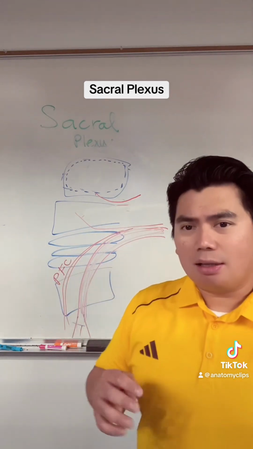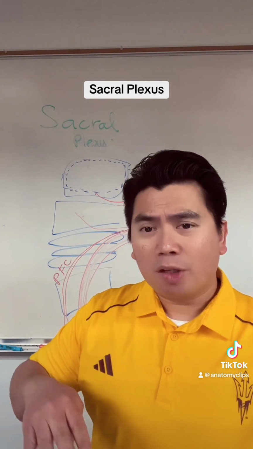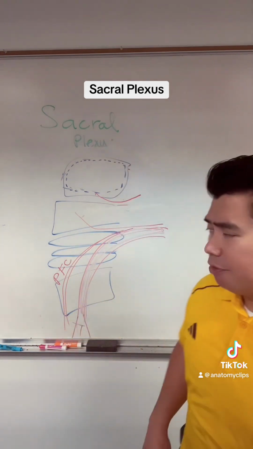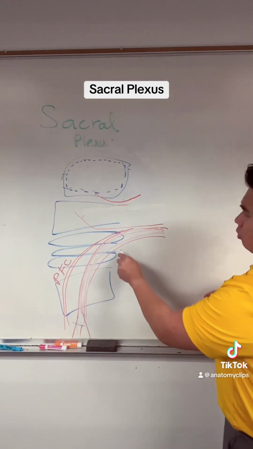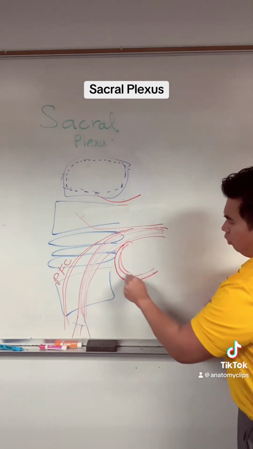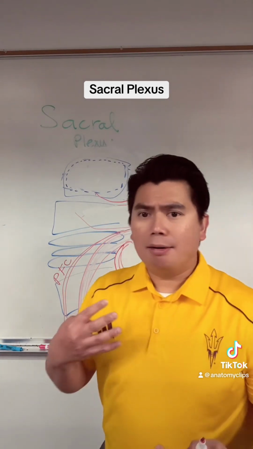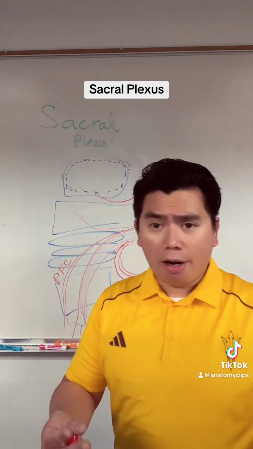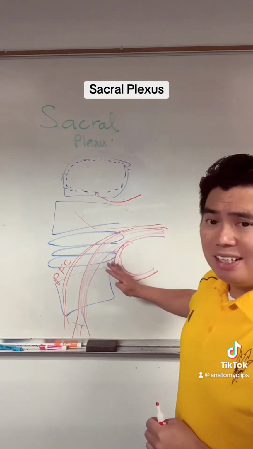You'll see it closest to the skin, hence the word cutaneous, right? That's most superficial. And the last group of nerves that we will see should travel medially towards the pelvic diaphragm area, the anogenital area. So that will be the pudendal nerve.